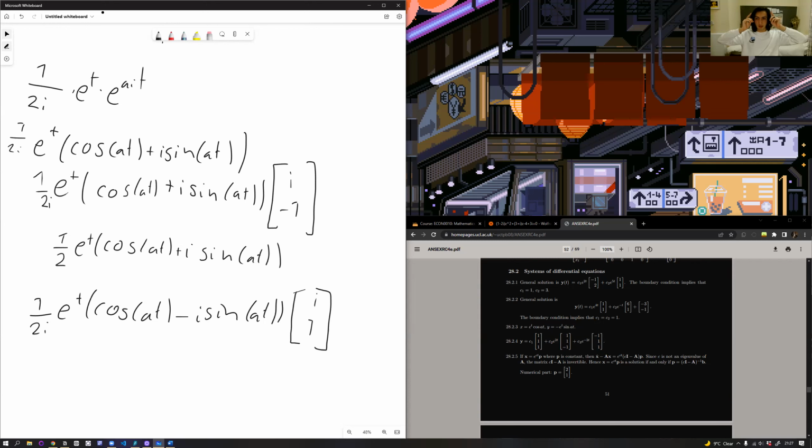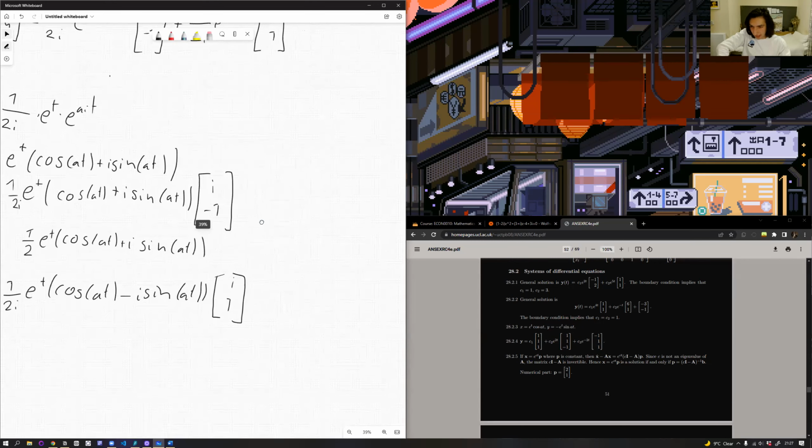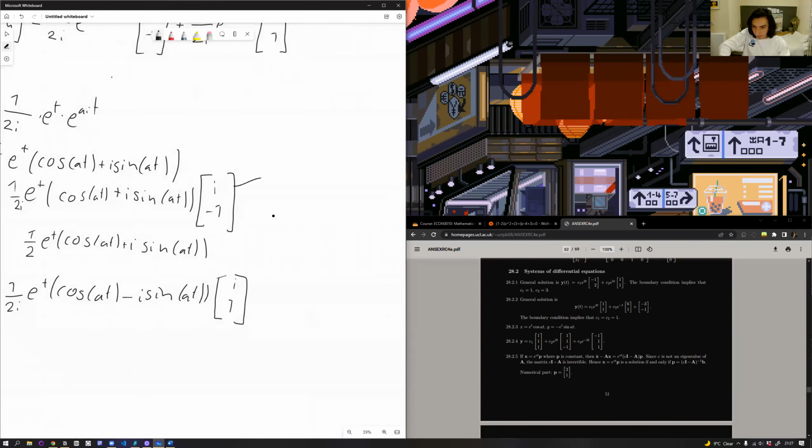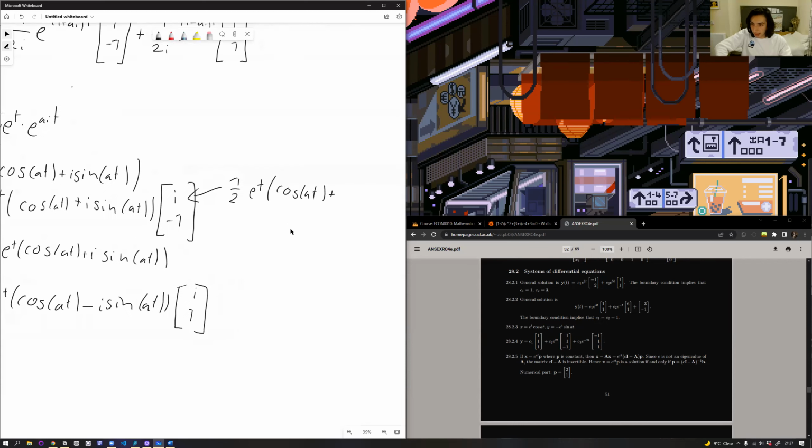Looking at this laterally, if I'm doing the top one here, I end up getting half e to the power of t cos at plus i sine at.